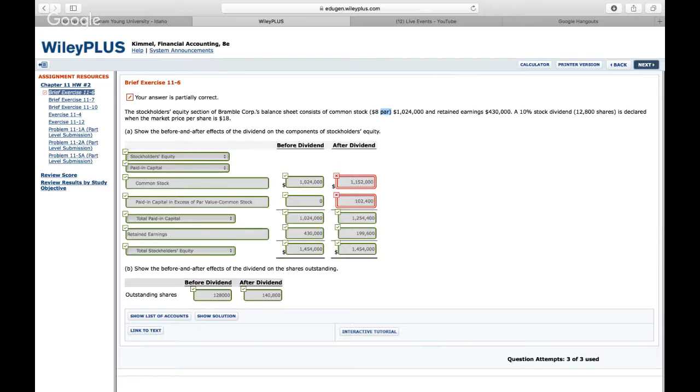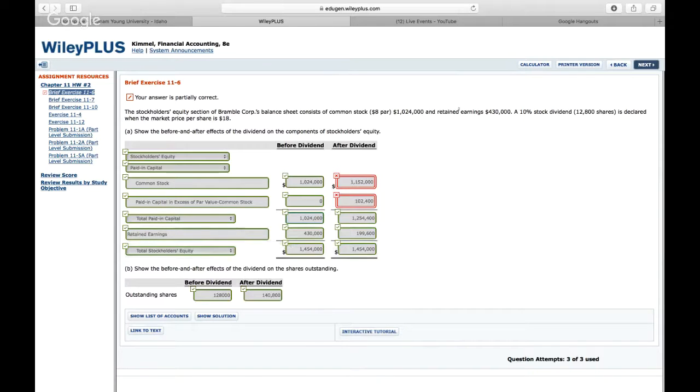So we're going to just focus on the before side for right now. Common stock is 1,024,000. That's just given to us. For this one, the excess of par value common stock is just 0. So if we add 0 plus 1,024,000, we're just going to get 1,024,000.